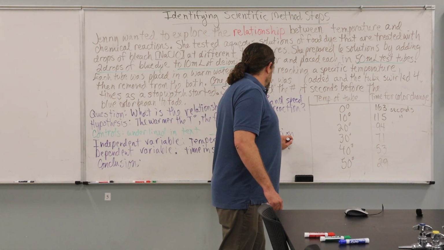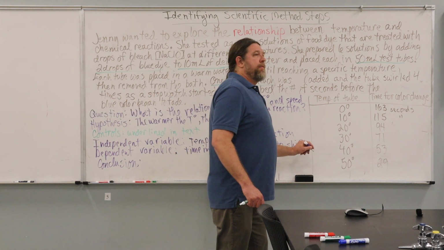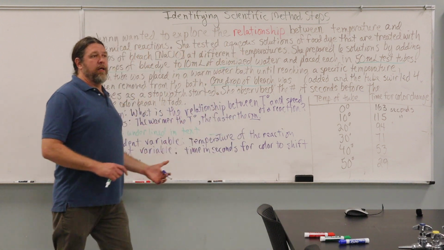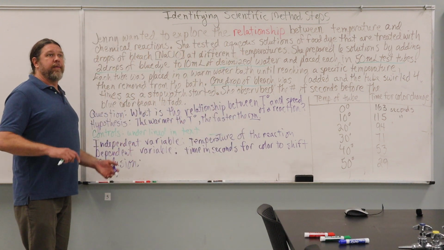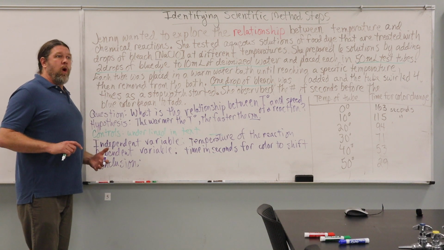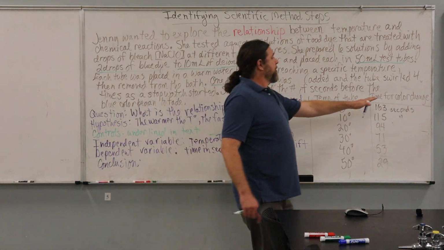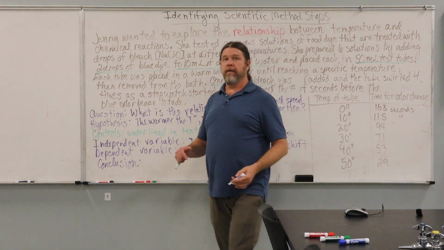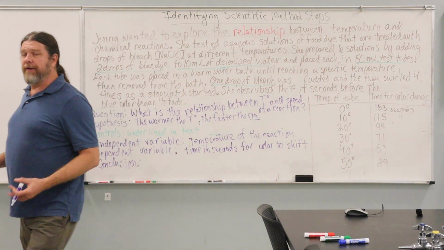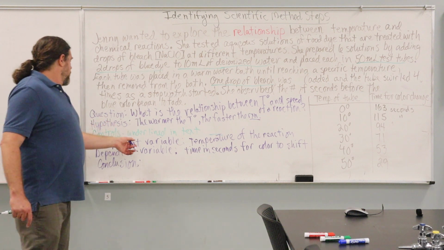We could just say color shift. But we can't just simply say color, and we can't just simply say time. Your teacher wants to know, what do you mean by that? It was the time for the color change to begin. Okay? That is specific.